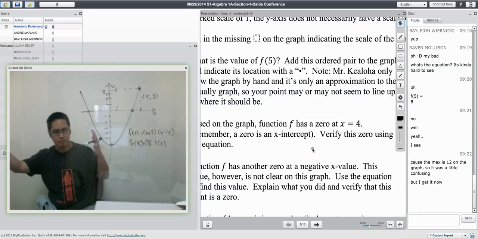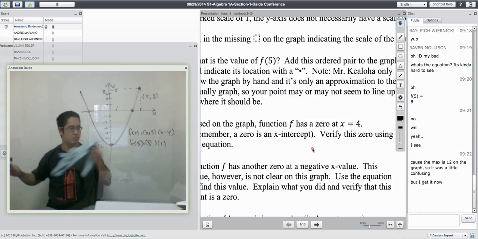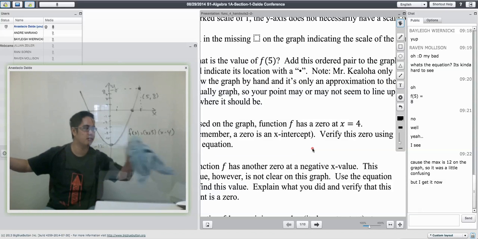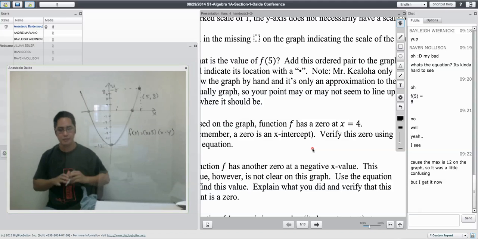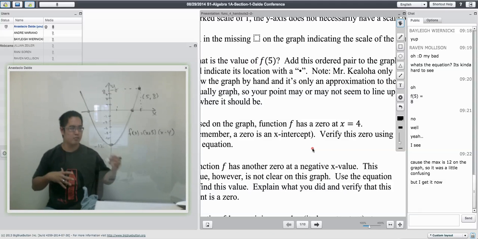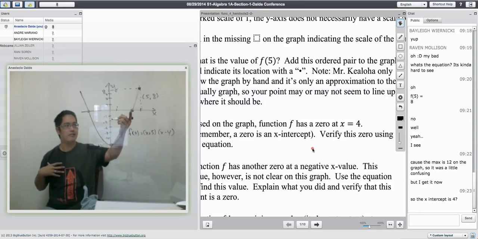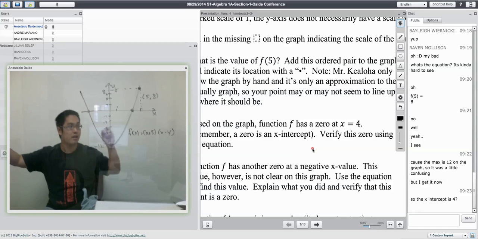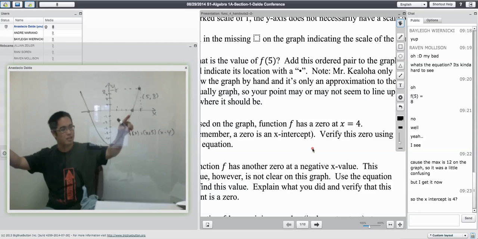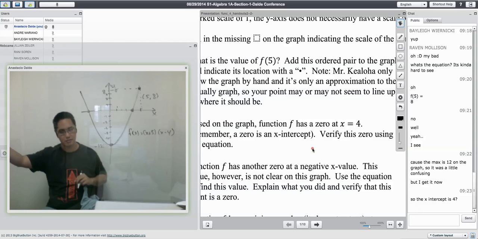I'm going to erase this part right here. At x equals 4, they say that this graph goes to 0. By the graph, this is 1, 2, 3, 4. That could be true. That looks like it goes to y equals 0, right at x equals 4.